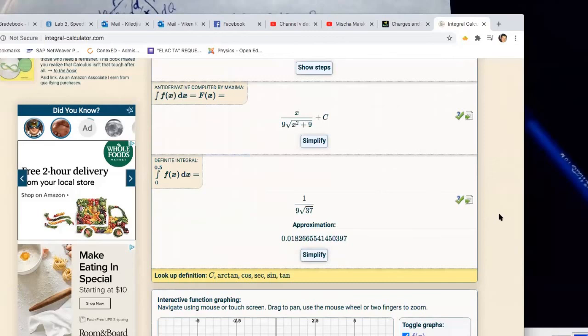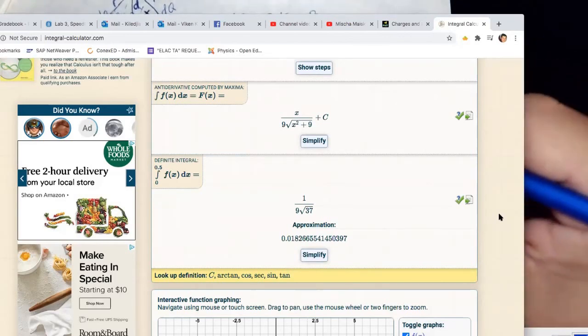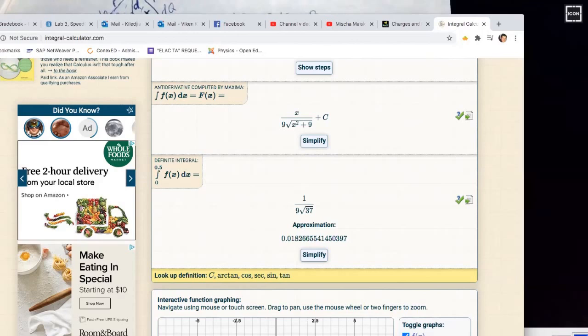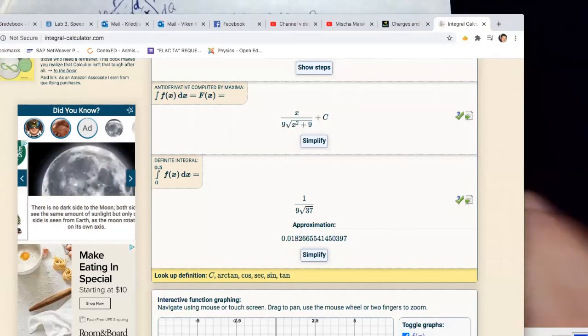Then once you get that answer, let me write it on my calculator, 0.018266554.